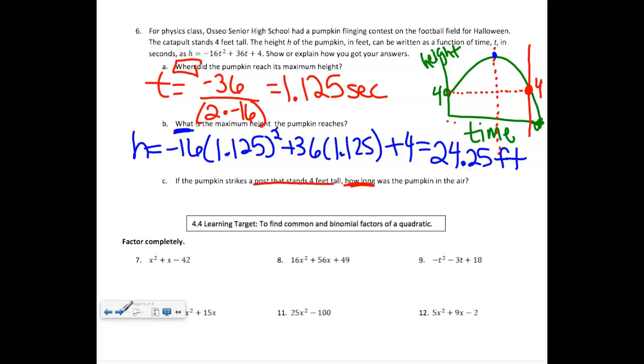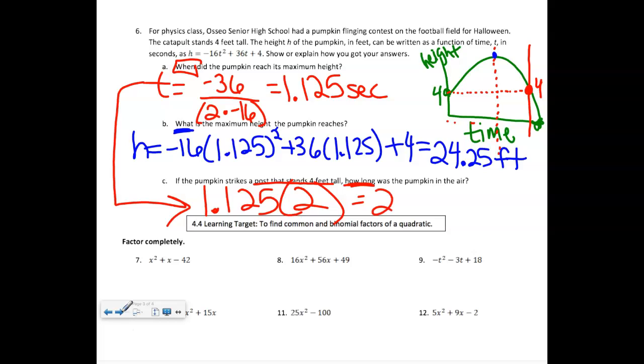Now we already know the halfway point, so we're going to take our halfway point, which is this answer here, and we're going to double it since we know the halfway. Okay, and we're going to plug that into our calculator, and we are getting 2.25 seconds.